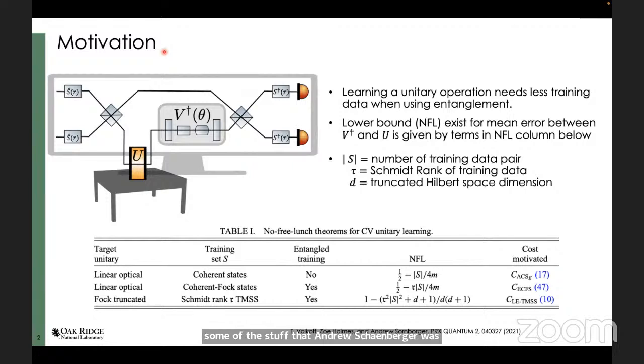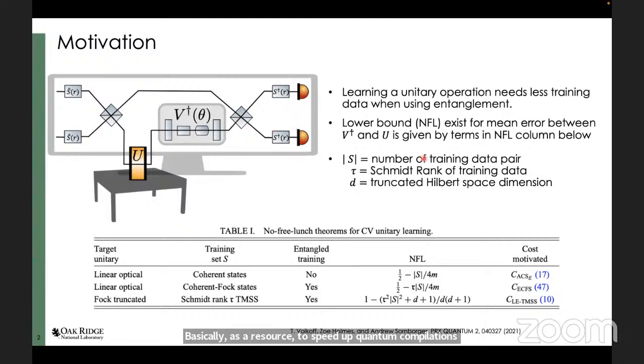If you remember, he spoke about these continuous variable quantum compiler systems where you could exploit squeezing gates and entangling gates, or superposition gates which generate entanglement, as a resource to speed up quantum compilations.